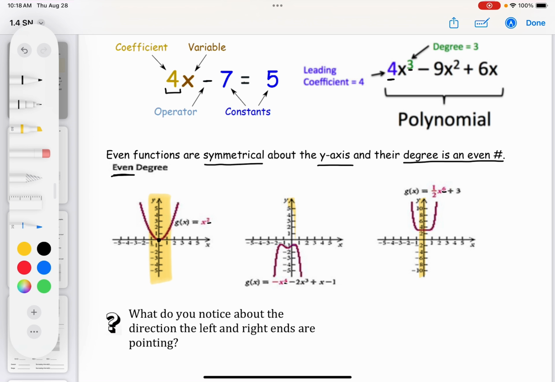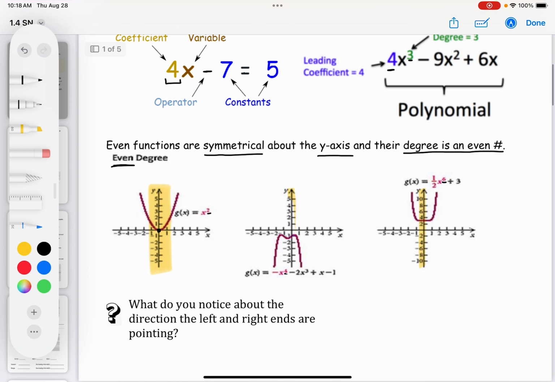A question here says, what do you notice about the direction of the left and right ends? If you're given a brand new graph to check out and you look at the end behavior, what is the graph doing at its ends? You can see that for the left and the right, both ends go in the same direction.